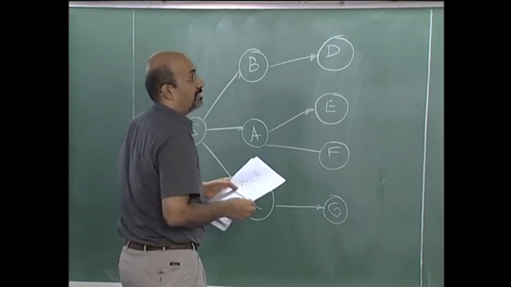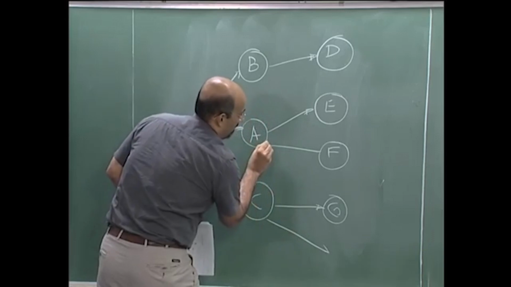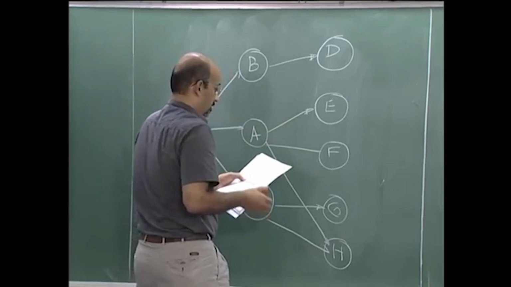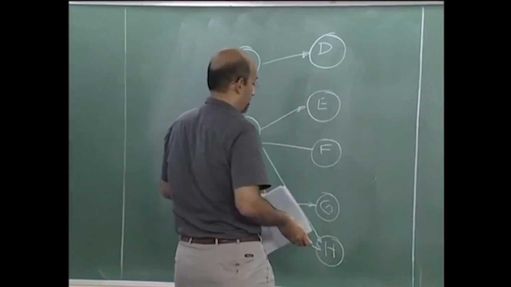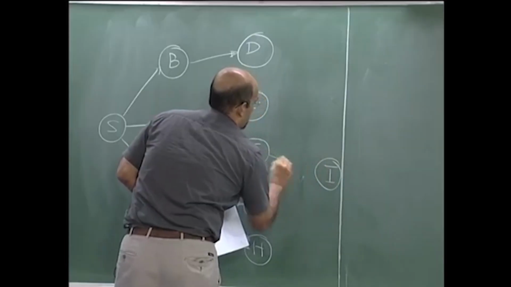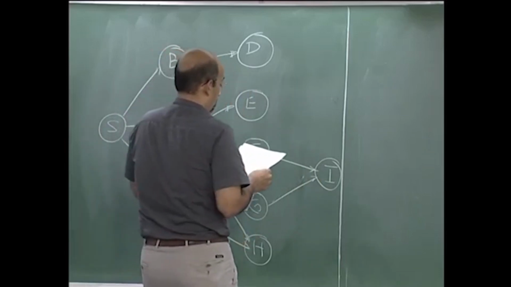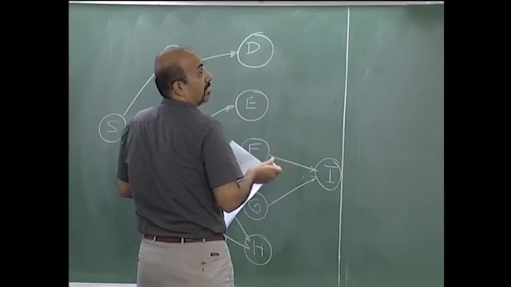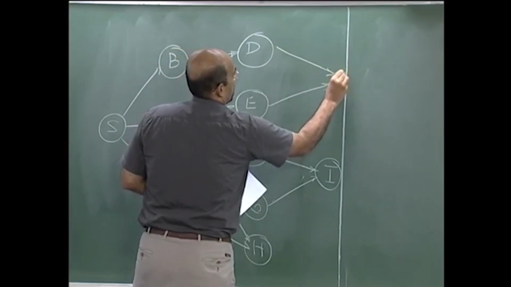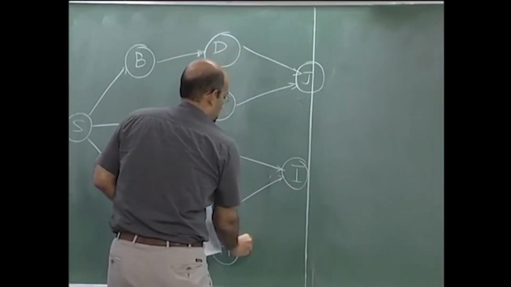When you go to H you have two: A and C. Moving to I, it has F and G. J has E and D, and finally we have K, which has all three.